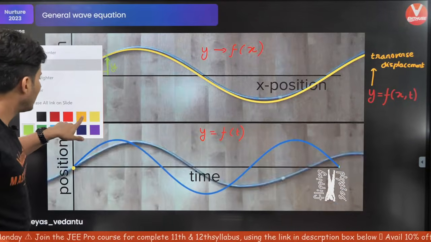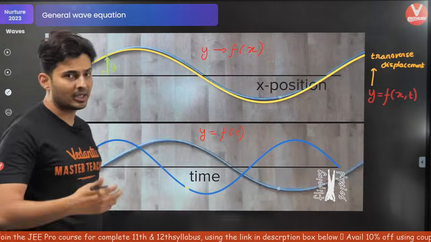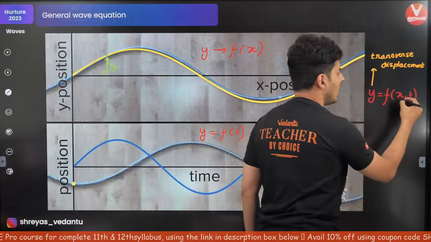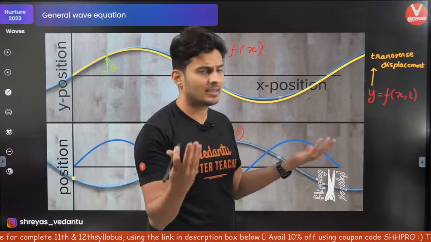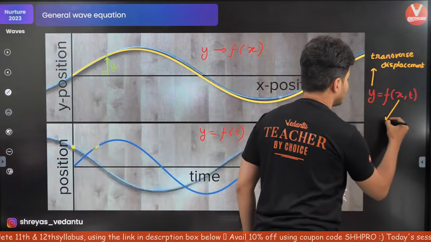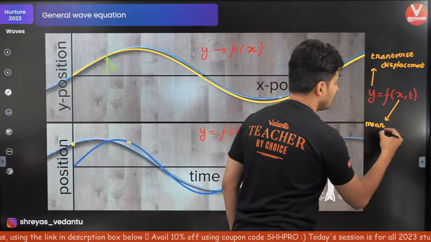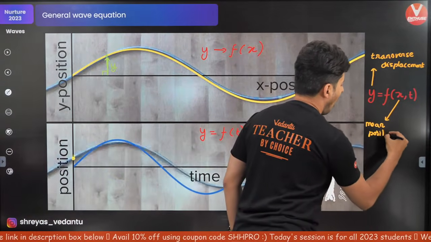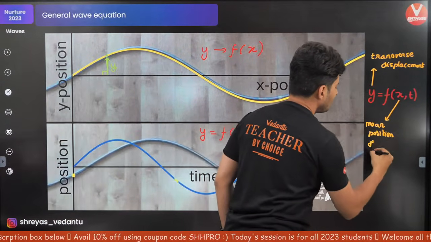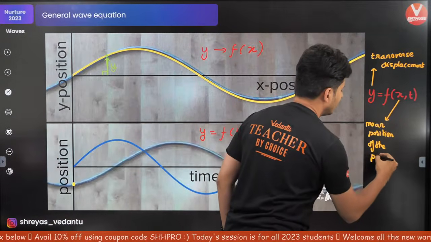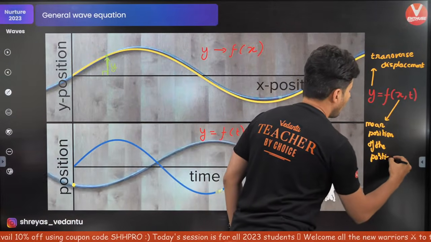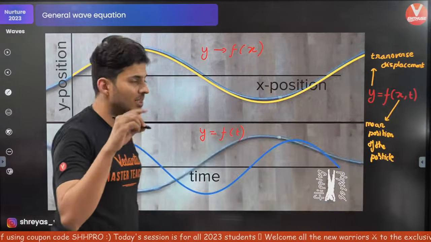x and t are coordinates on the string, and t is time, obviously. So this is nothing but the mean position of the particle that you are talking about. Why am I calling it the mean position?